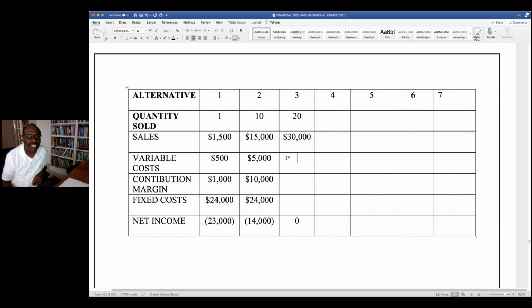Okay, 20 times 500. So our contribution margin is now what? 20,000. Okay, not close. Well, you were close, but we're still going to have 24,000 here. So 20 doesn't work.